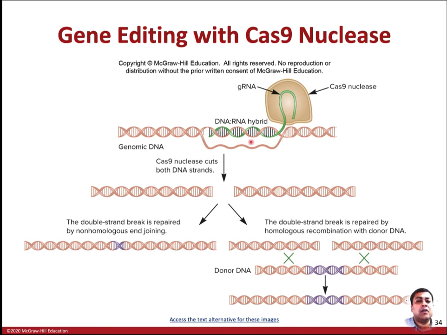So what is the consequence of that? Suppose you have this end chopped off, and if the two ends join, like here and here, this is called non-homologous end joining.